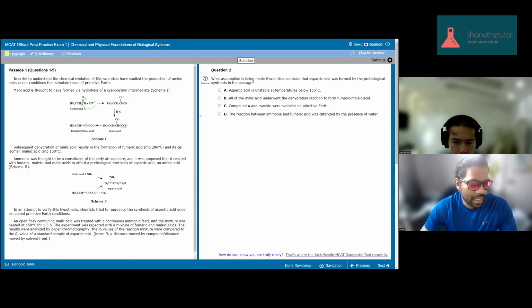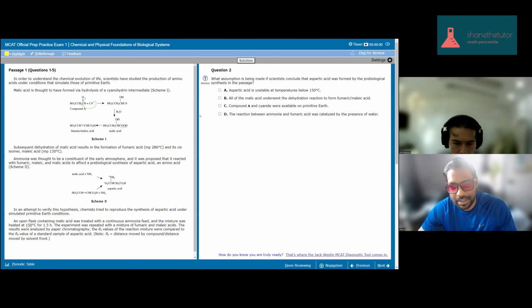They say they heated the mixture up to 150 C, but they're not saying they're heating it because otherwise aspartic acid would break down.